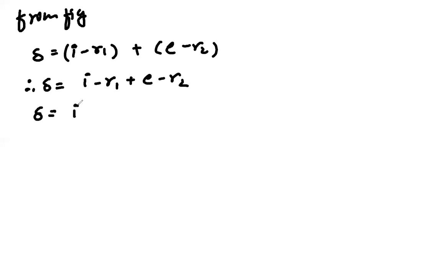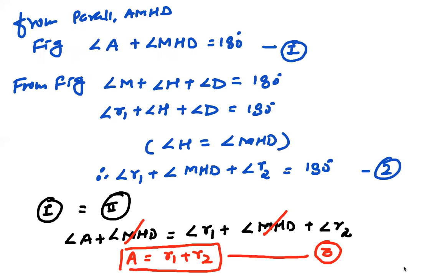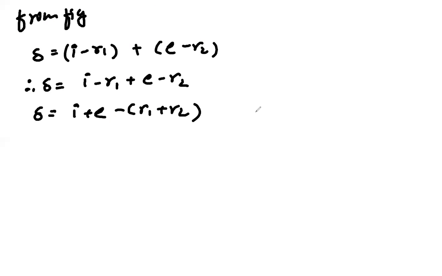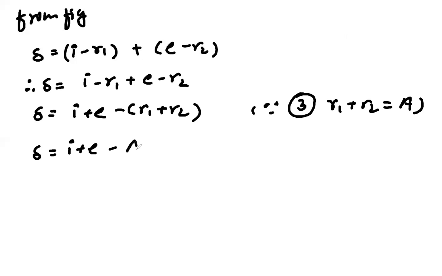So I am just simplifying these terms, minus R1 plus R2. But from the previous expression number 3, equation number 3 is suggesting me that R1 plus R2 is called as a prism angle. So I am putting that it is called as A. So I have I plus E minus A.